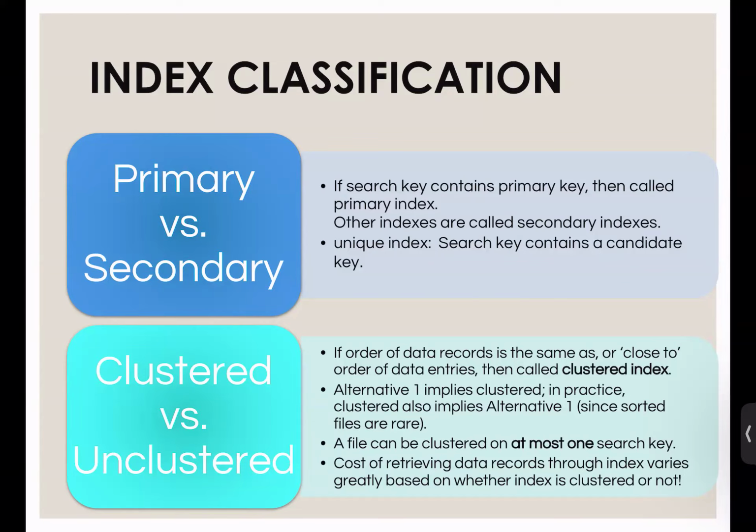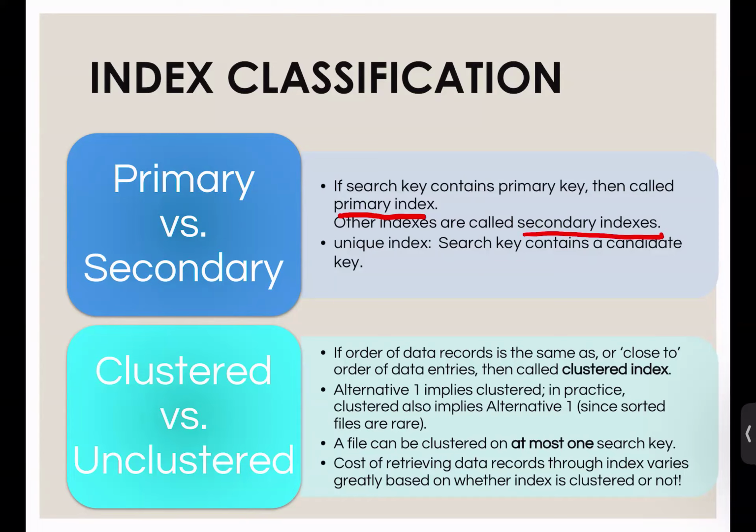If the search key contains the primary key, we just call it a primary index. That's it, very simple and straightforward. Everything else, we call a secondary index. But sometimes in some tables we may have candidate keys, and candidate keys are unique keys.